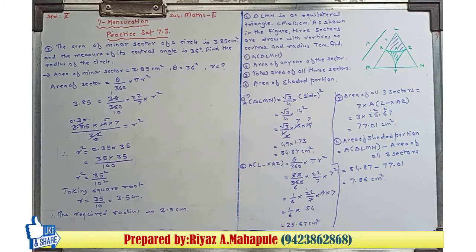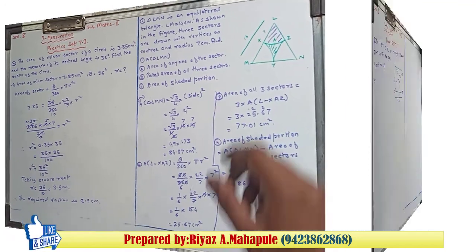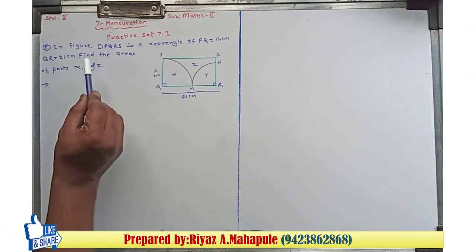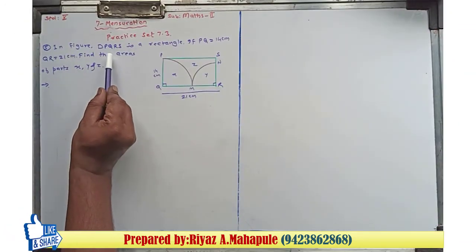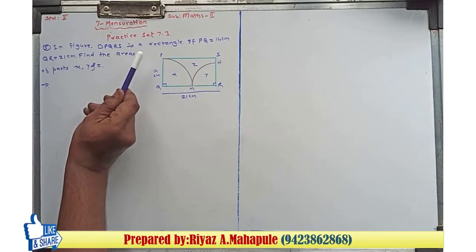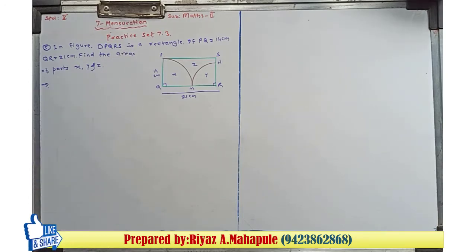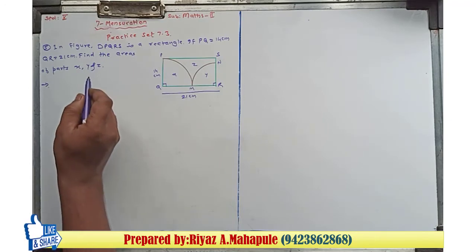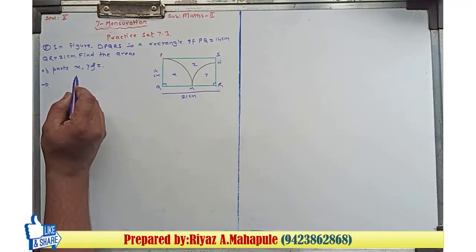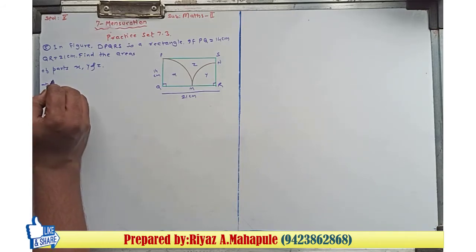Now the last example on this area of sector from practice set 7.3 is, in figure, quadrilateral PQRS is a rectangle. If PQ is equal to 14 cm and QR is equal to 21 cm, find the area of parts X, Y and Z. Okay, so we start the solution like this.